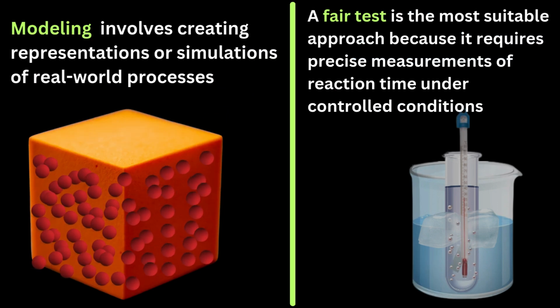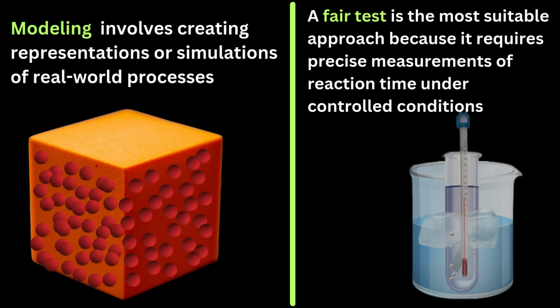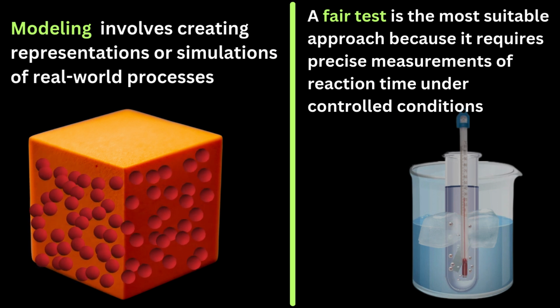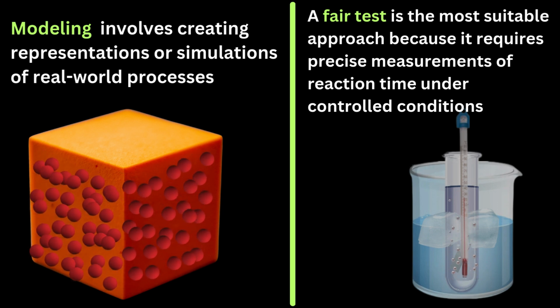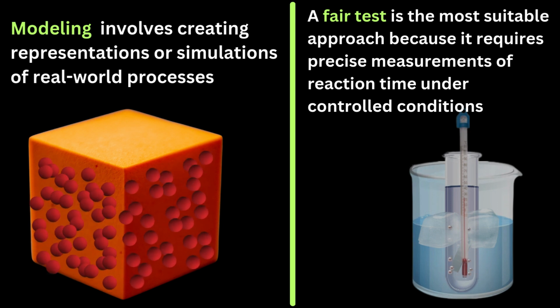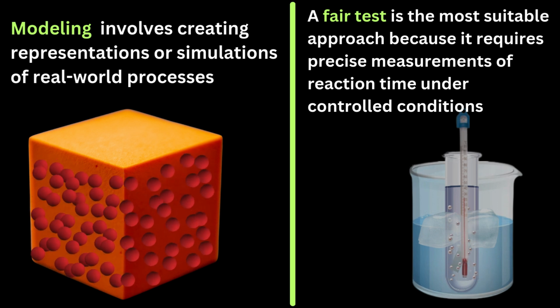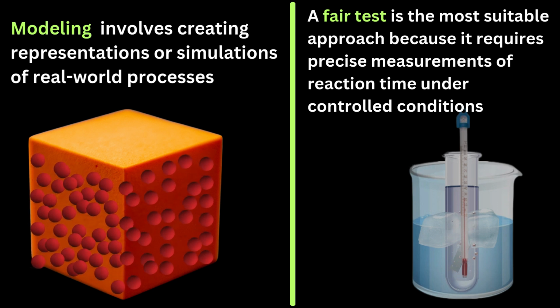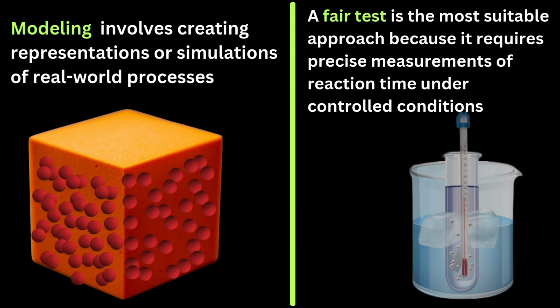Modeling is not appropriate for this investigation, because it involves creating representations or simulations of real-world processes, rather than directly measuring and observing the actual reaction. While models can help visualize concepts, like particle movement and collision theory, they cannot provide measurable data on how temperature affects the reaction rate.